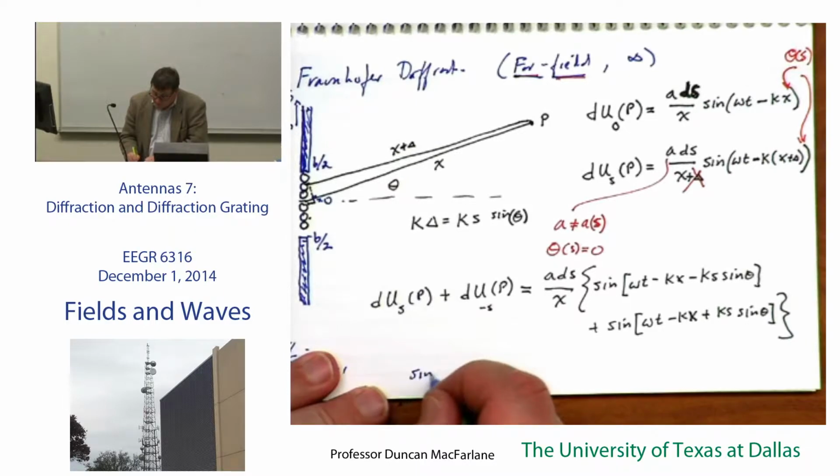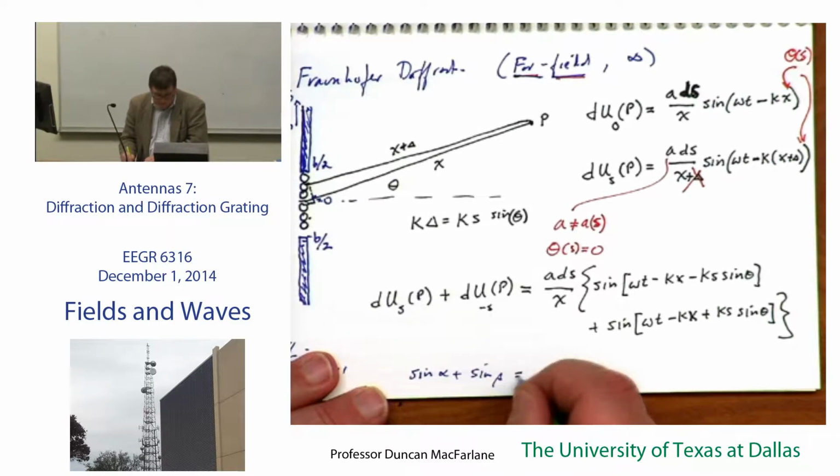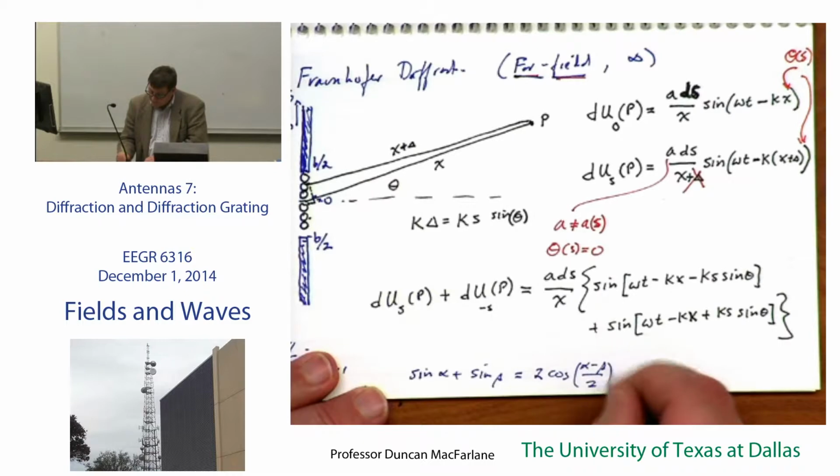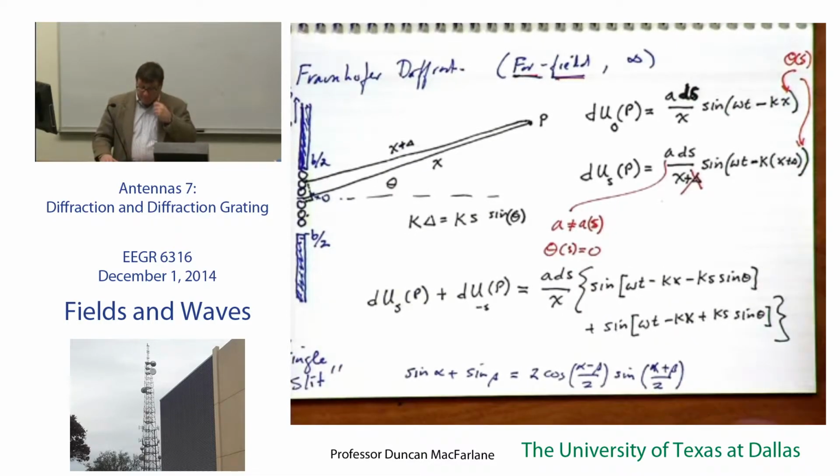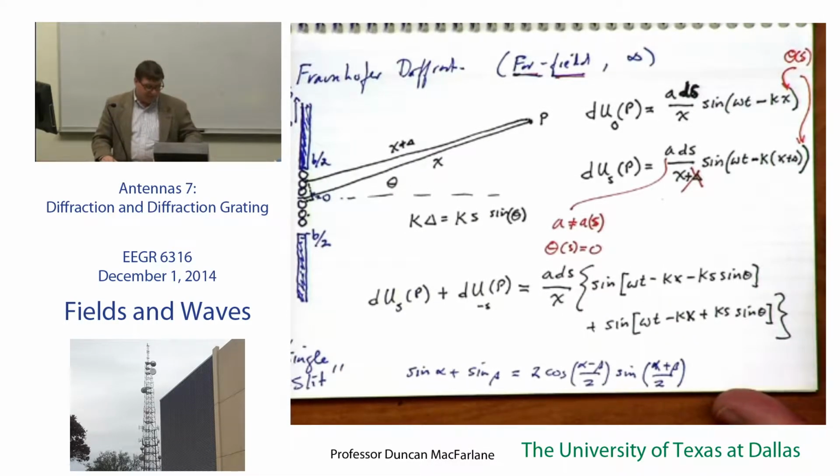We note that the sine of alpha plus the sine of beta is equal to twice cosine alpha minus beta over 2 sine of alpha plus beta over 2. Trig identity.